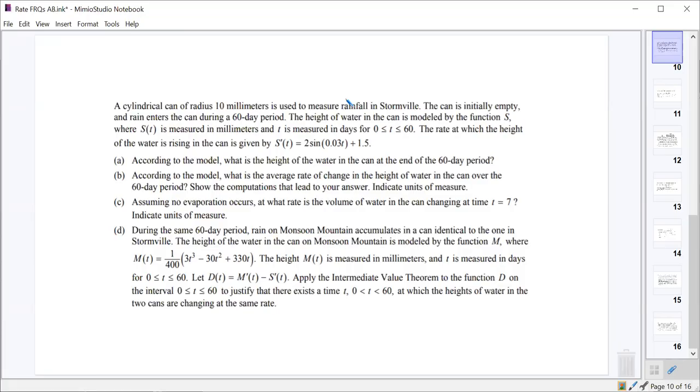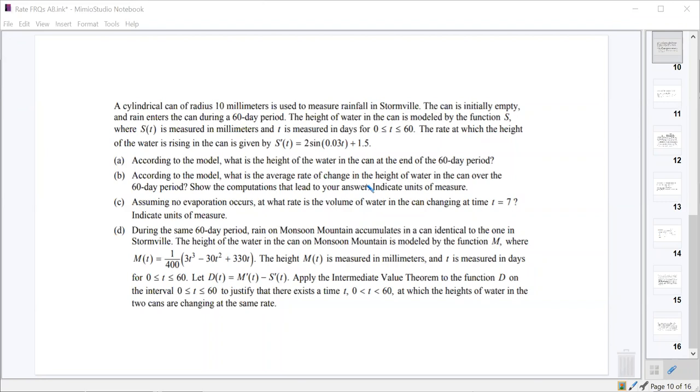Ready, go. So part A, according to the model, we want to know the height of the water in the can that's in Stormville at the end of a 60-day period. So they give us the rate at which the water is increasing, and we know that it starts at 0.